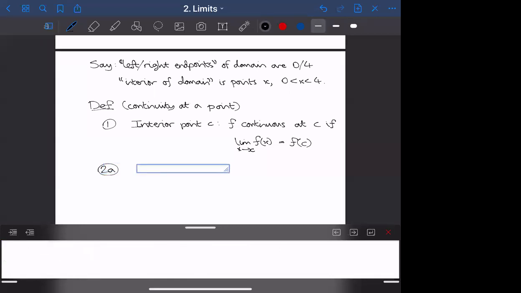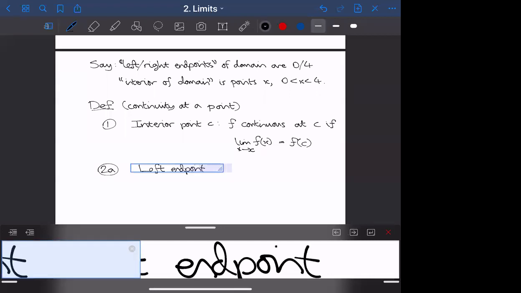And now I'm going to have 2 other definitions for left endpoints and right endpoints.